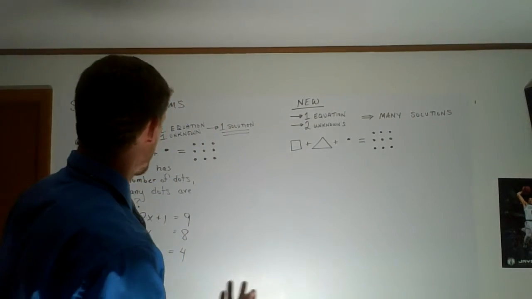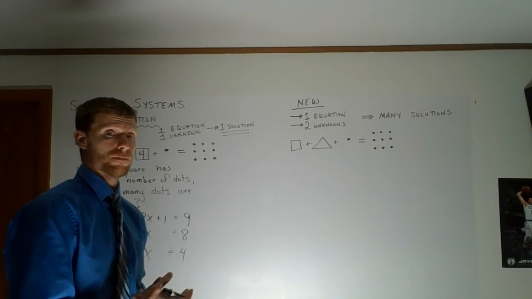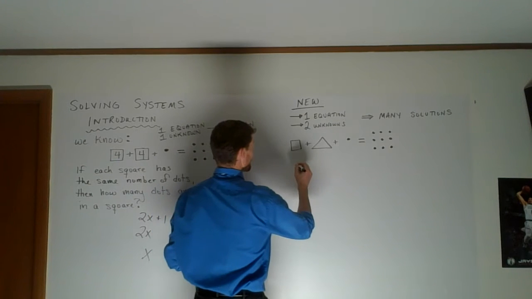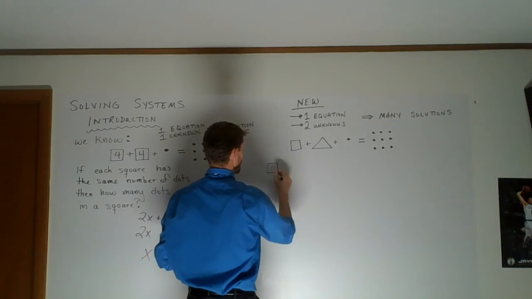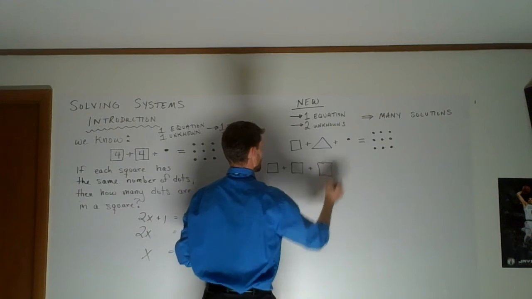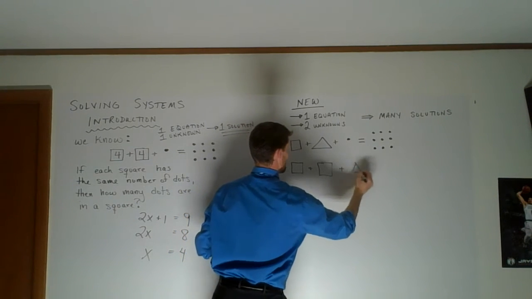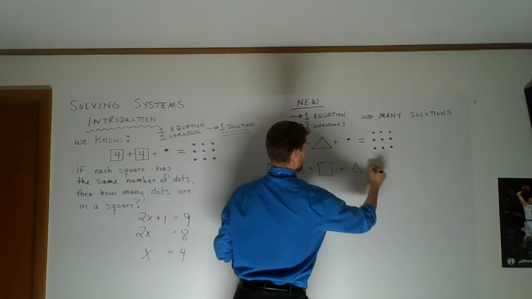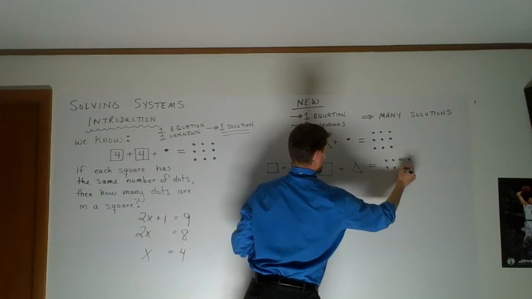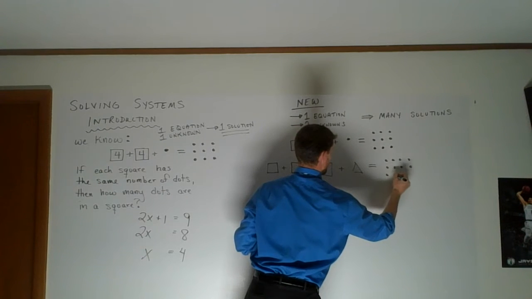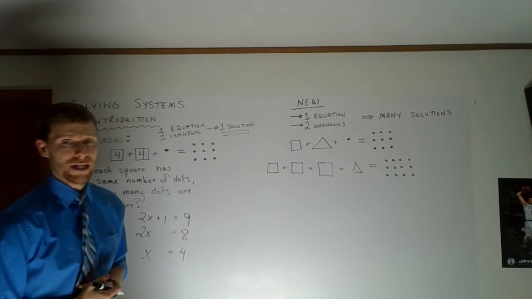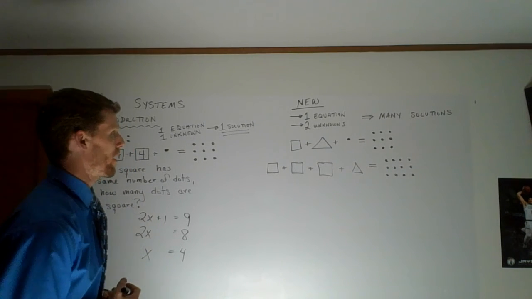So in this unit, when we are solving systems, we're going to have more than one equation. We are going to have a second equation. So imagine I gave you this information. Three squares plus a triangle equals 12 dots.